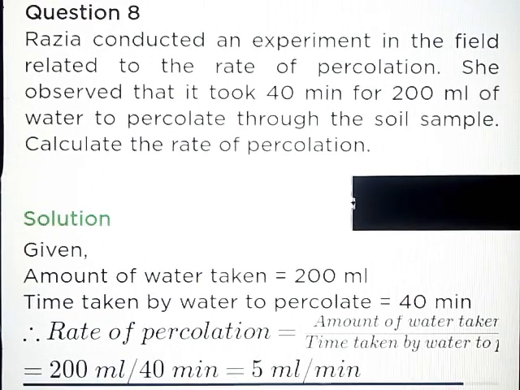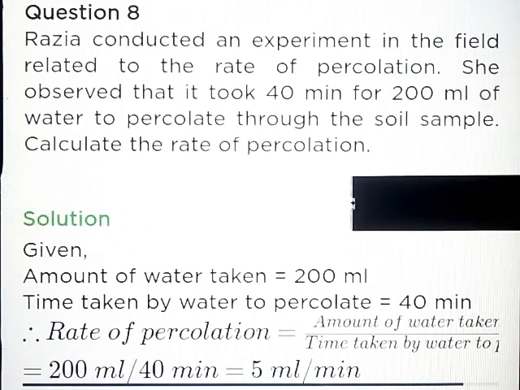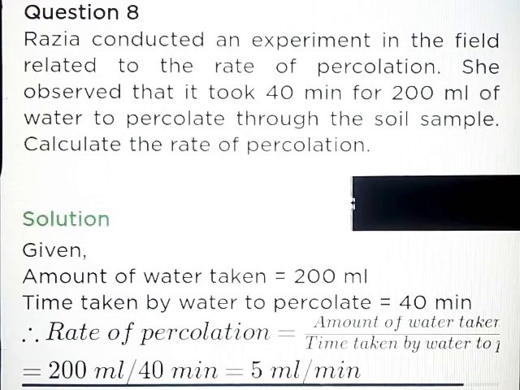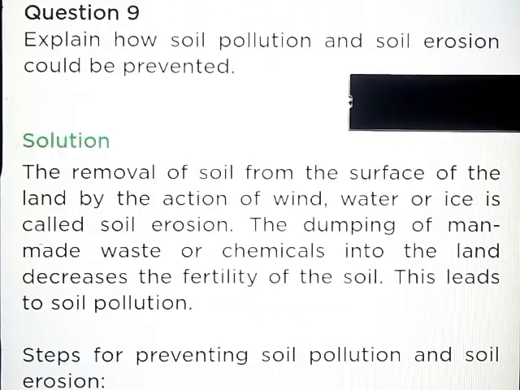Given: amount of water taken is equal to 200 milliliter. Time taken by water to percolate is 40 minutes. Rate of percolation is equal to amount of water taken upon time taken by water to percolate, which is equal to 5 milliliter per minute.